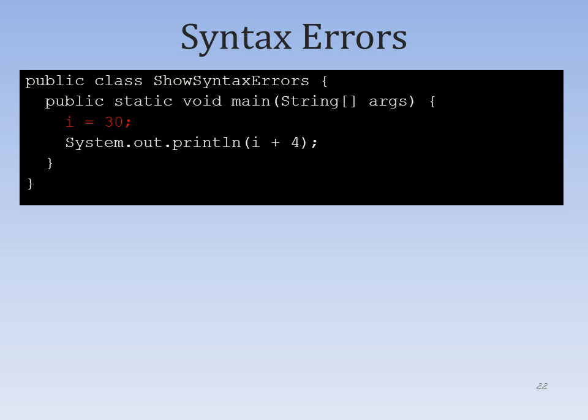Remember, when we talk about declaring a variable, it's when we define the variable with a data type at the beginning of the class or method. So we simply needed an int i; to declare the i as a variable.